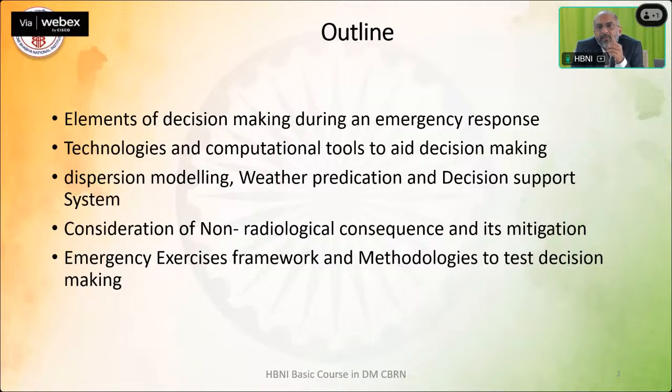In that context, I will try to make you understand in what phase, at what level, through what type of modeling you can better manage the response to any eventual accidents, if they should happen.